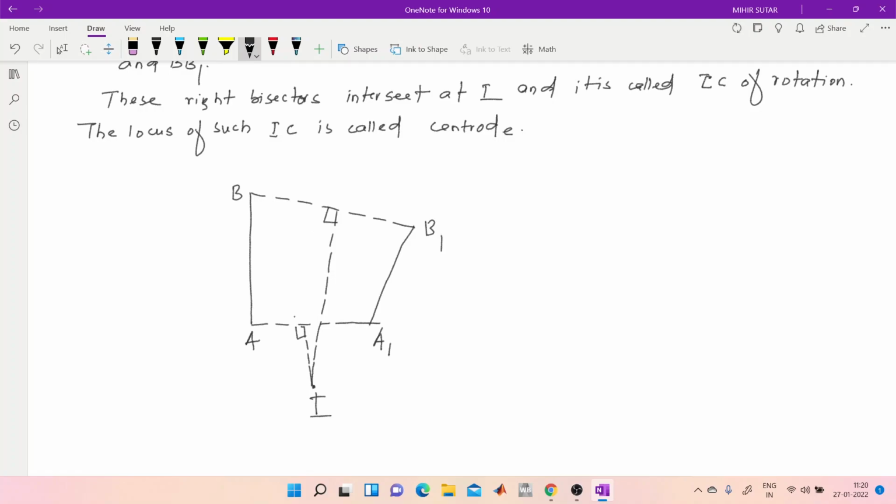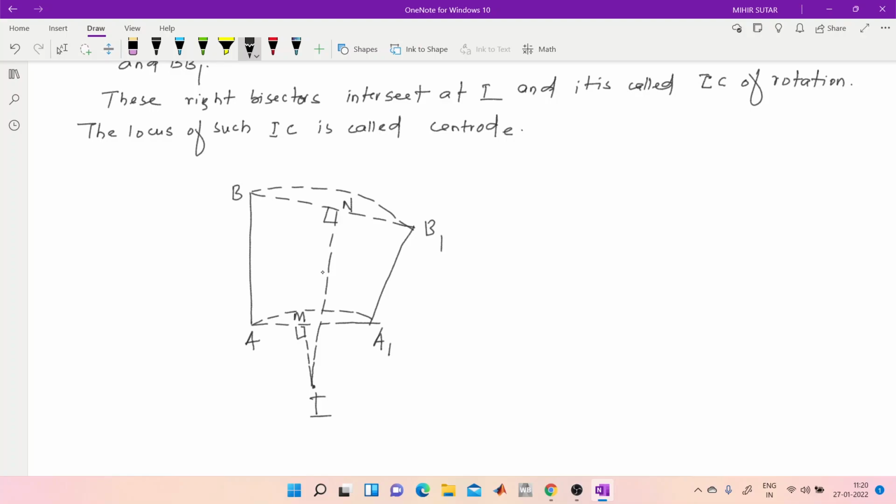Let's say this is point M, this is point N. So the locus is known as the centroid. If at every instant you take the bisectors and join them with the instantaneous center and draw, then it is called the centroid.